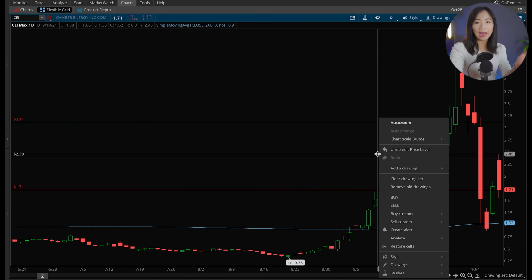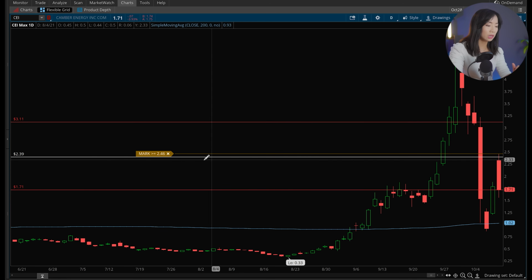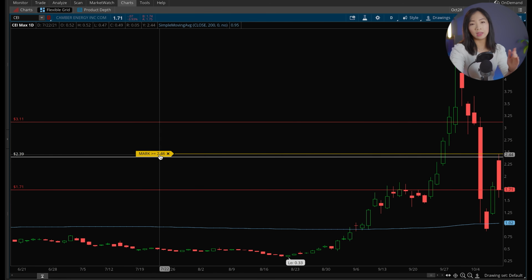You don't just buy or sell any random stock. You wait for the stock to actually hit those levels, and then you can look at the stock. So I want to know when CEI breaks above this 246 in the future. Because remember what we said about breakout in step number 1.